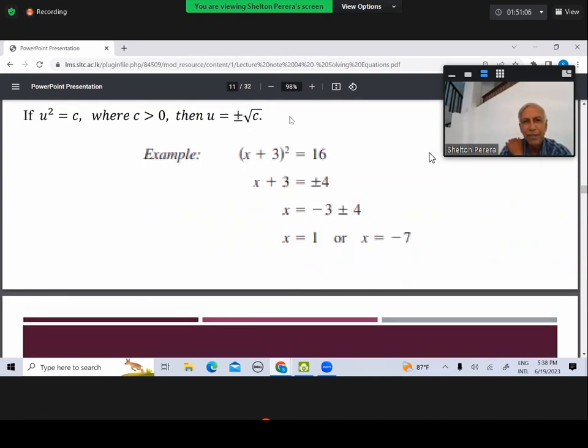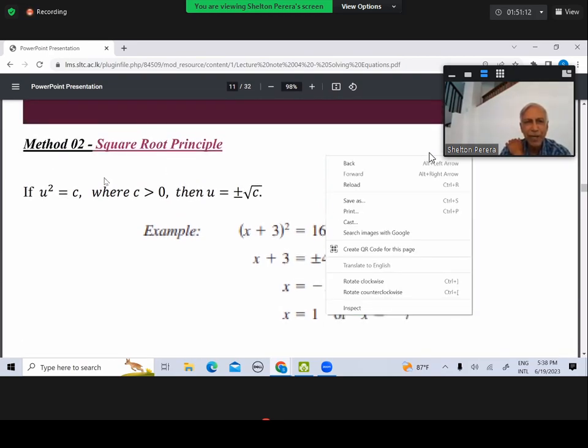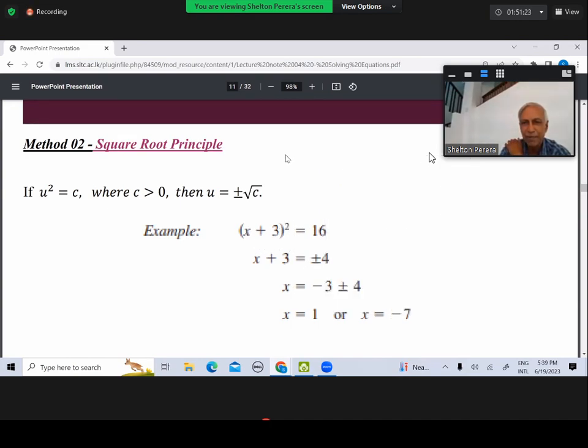So now this is an example. x plus 3 squared equals 16. So you can apply this square root principle, or taking square roots method, the u squared equals c type. Therefore, x plus 3 should be plus or minus square root 16, that is 4.